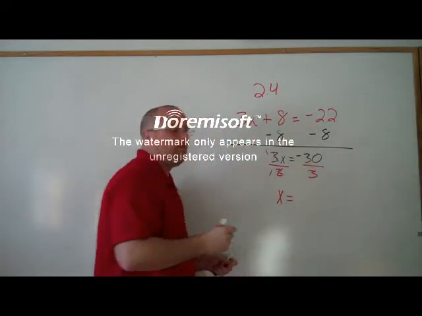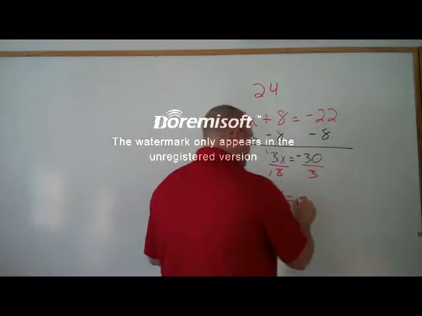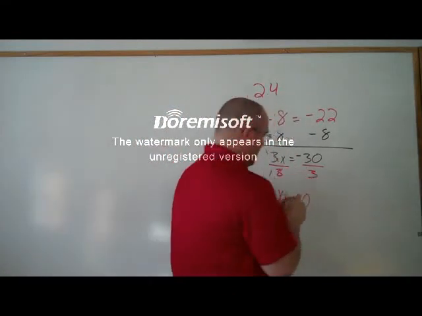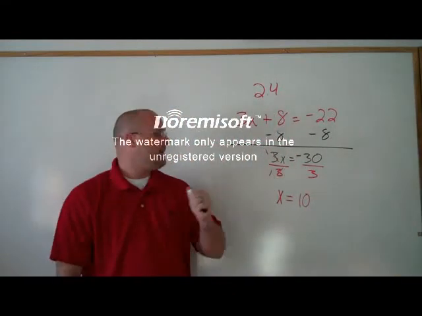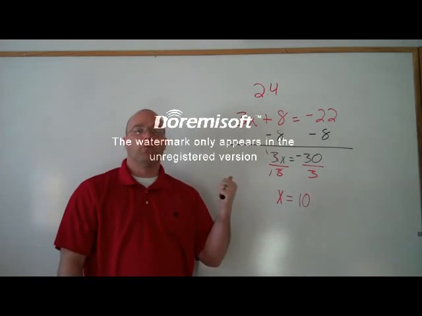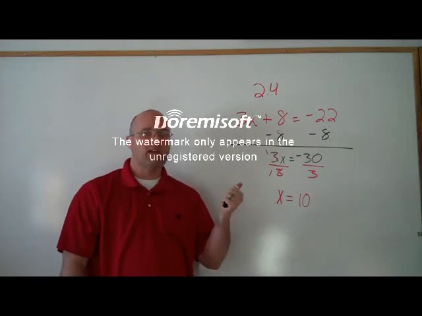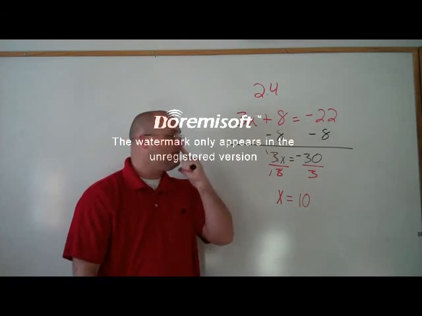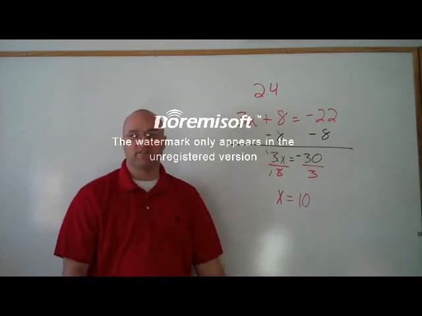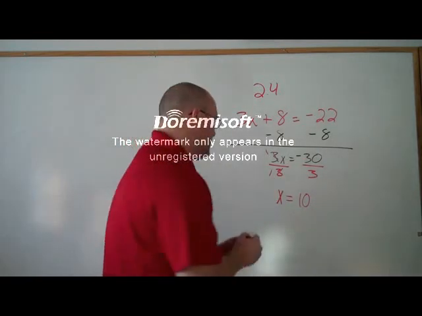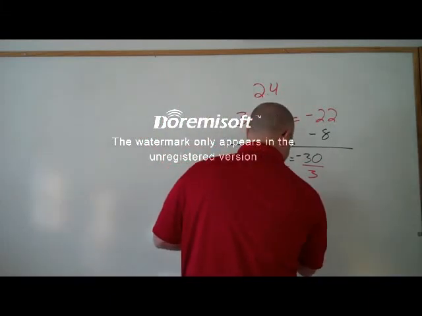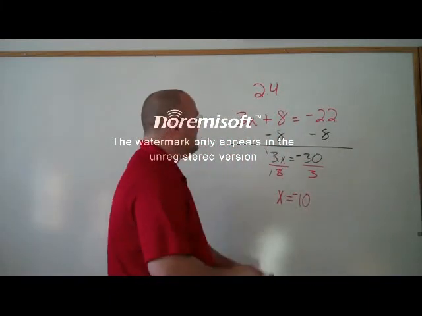So, 30 divided by 3 is 10. Is it going to be negative or positive? Now, this is the thing again. When you're multiplying by different signs, it's always negative. So the same rule applies to division. We're dividing by different signs, so it's always negative. As simple as that.